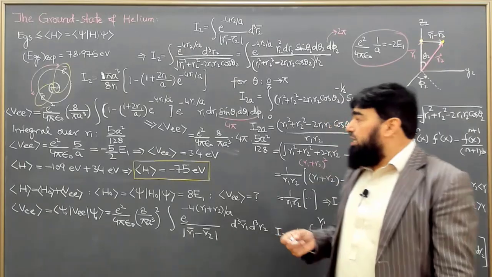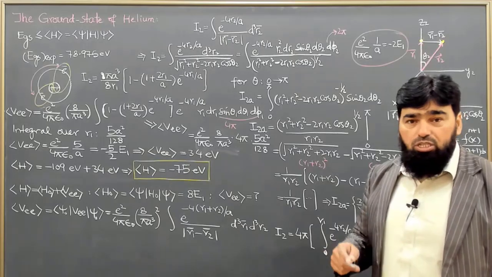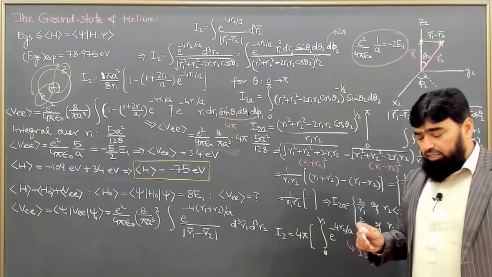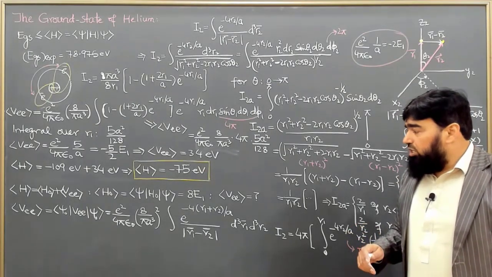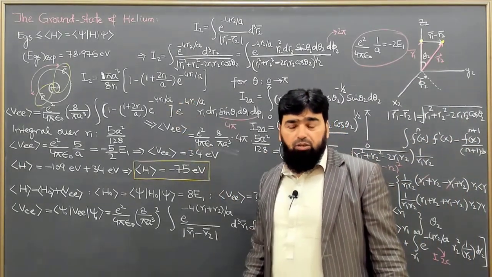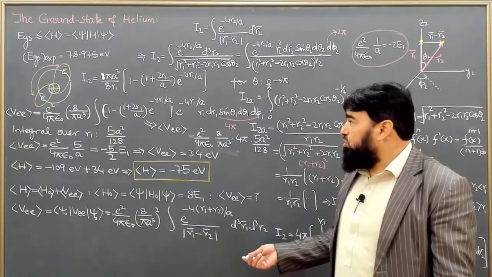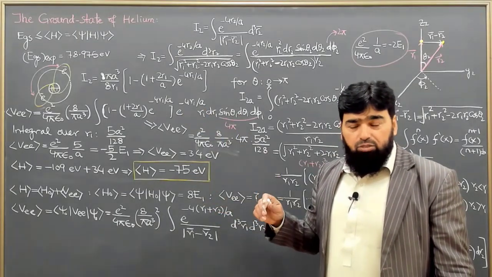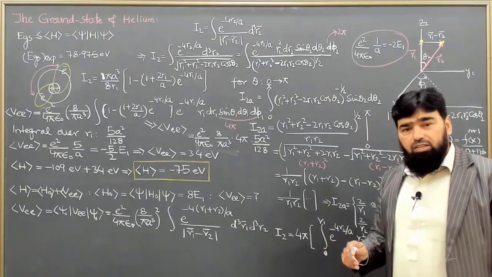So in the next lecture, we will be focusing on Z. We will optimize Z, and then we will see that even ignoring the fine structure or the hyperfine structure, we will go much closer to the experimental value, within a range of just 1.5 electron volt, because now a 4 electron volt difference is there, but we will minimize this difference to just 1.5 electron volt.